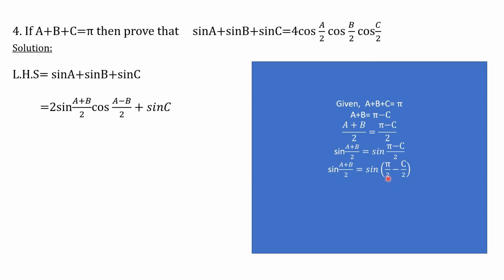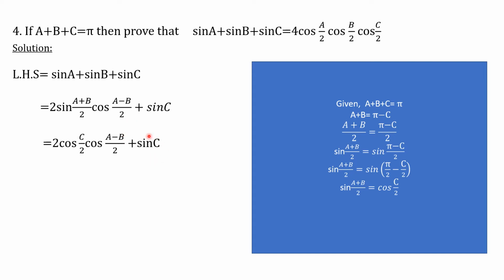Actually pi by 2 is 90. So sine 90 minus C by 2 is cos C by 2. So ultimately sine A plus B over 2 is cos C by 2. Isn't that? So instead of sine A plus B by 2, from here we'll keep cos C by 2. I hope this is clear to you.